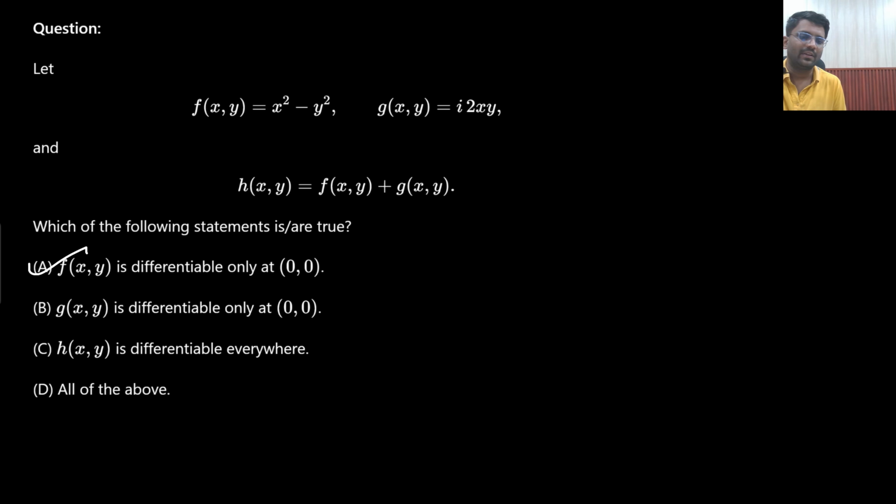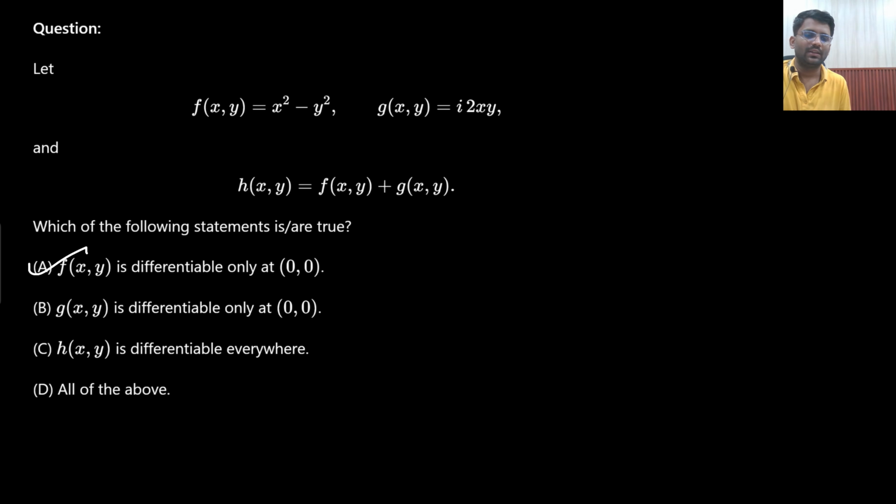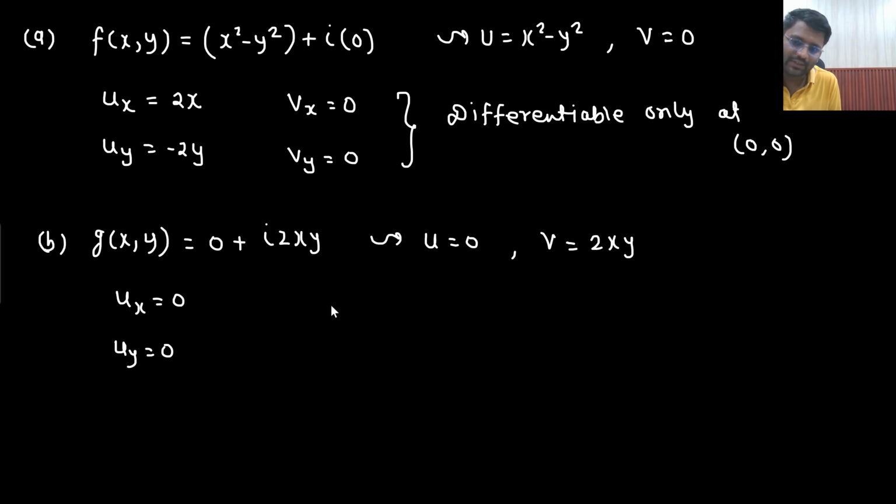What about g of x, y? Sir, g of x, y is nothing but 0 plus iota 2xy. That means my real part is 0 and my imaginary part is 2xy. So partial differentiation of u with respect to x is 0, and u with respect to y is 0.